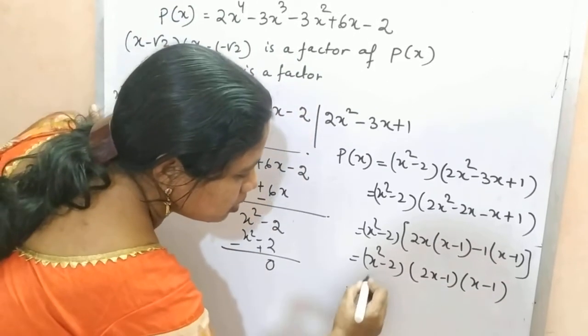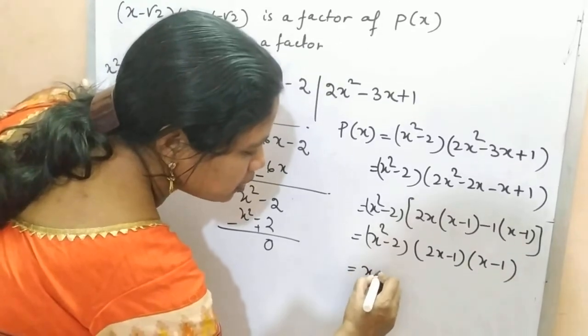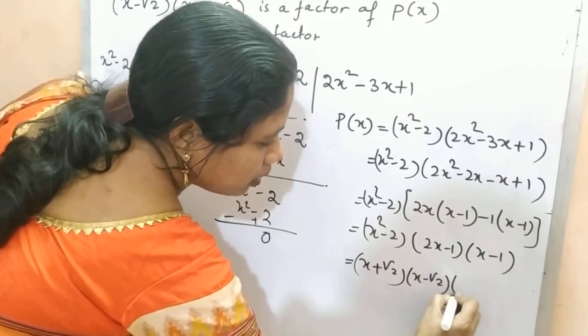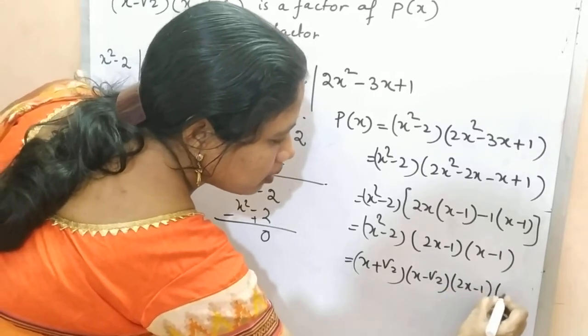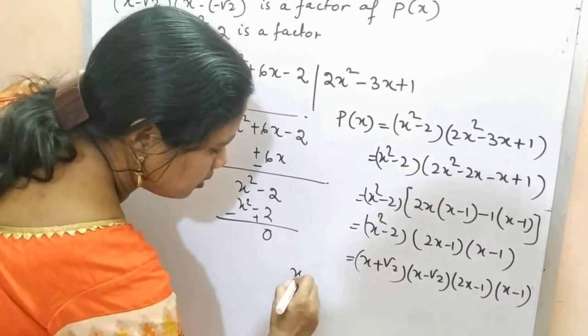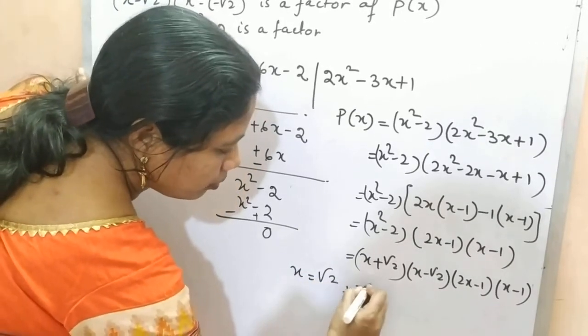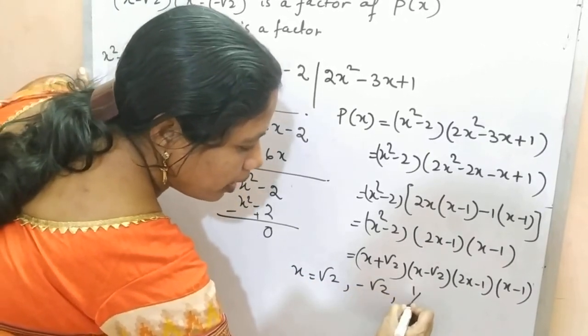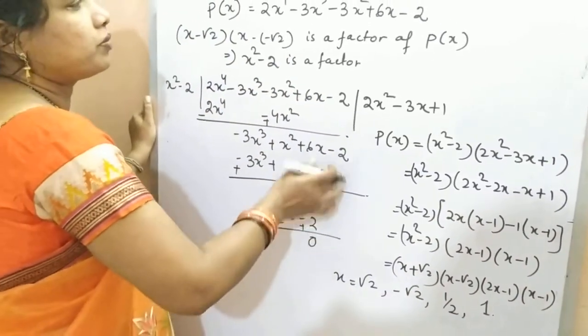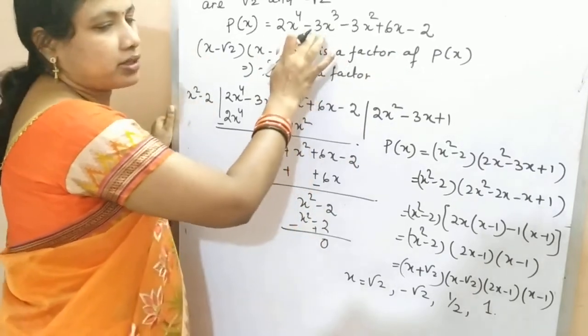So this is equal to, already it is factorized as, x plus root 2 whole into x minus root 2 into 2x minus 1 into x minus 1. So from this we can find x is equal to root 2, minus root 2, 1 by 2 and 1. So these are the four zeros of this polynomial p of x.